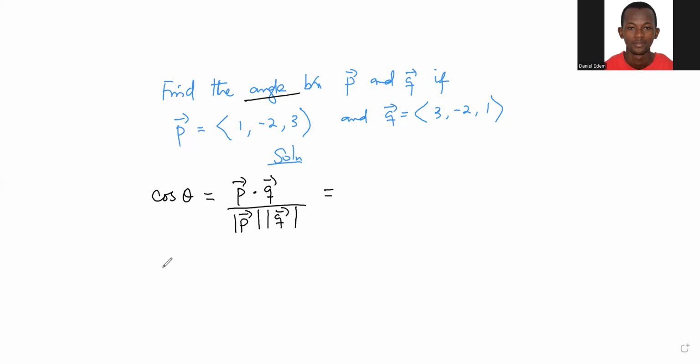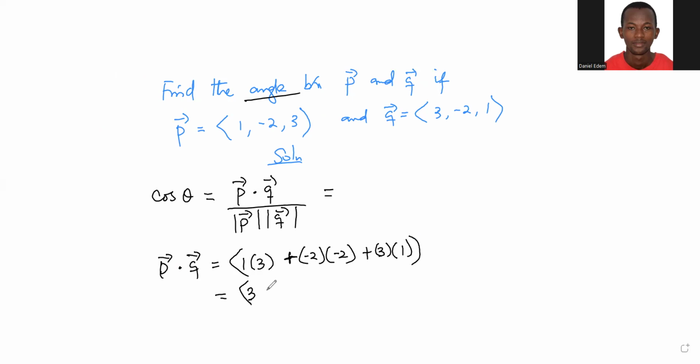So the dot product of P and Q is going to be 1 times 3. We have treated it already. Negative 2 times negative 2. 3 times 1. So there is 3 plus 4 plus 3. And that eventually gives you 10.